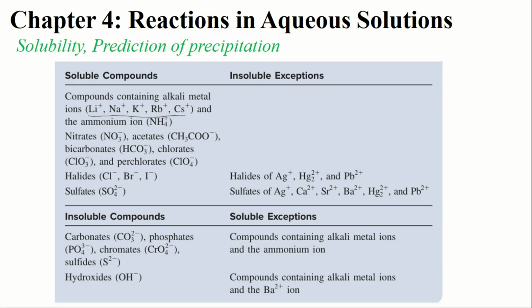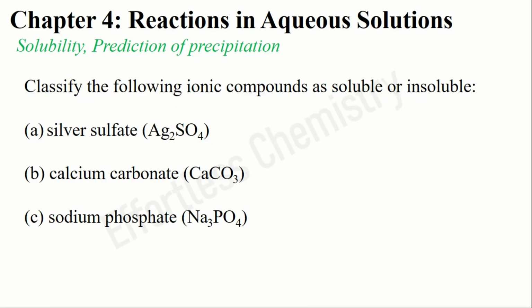So now I'm going to solve a problem. This example applies the solubility rules in the previous table, because it's asking us to classify the following ionic compounds as soluble or insoluble.